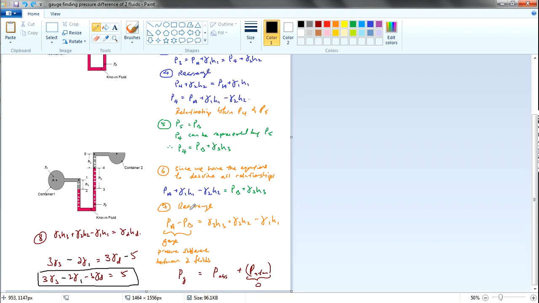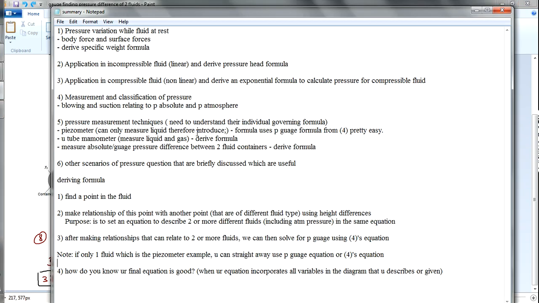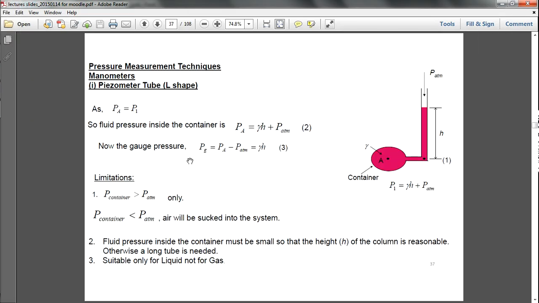So I think this is the summary for all the things. In piezometer, one last summary before I knock off: in the end you have to set our equation in terms of P gauge equals P absolute minus P atmospheric.